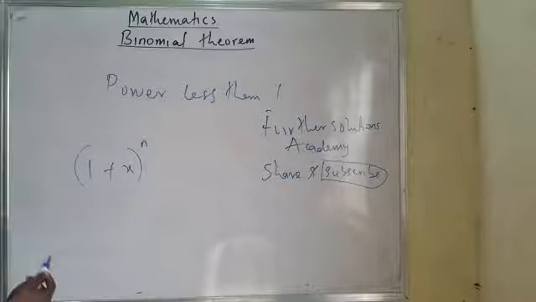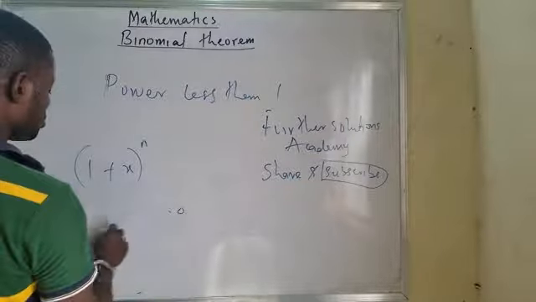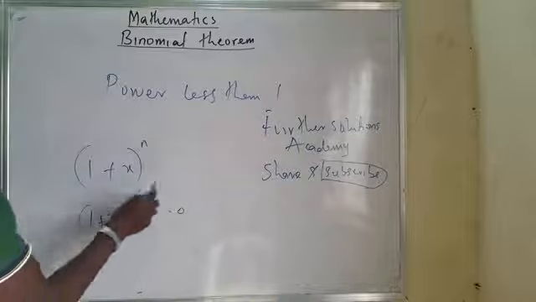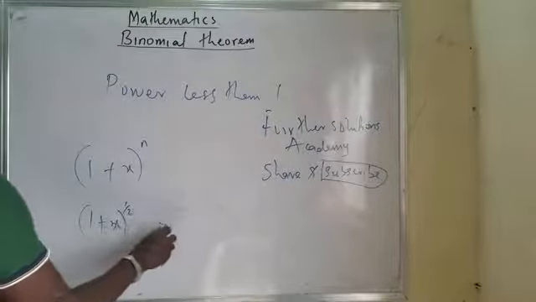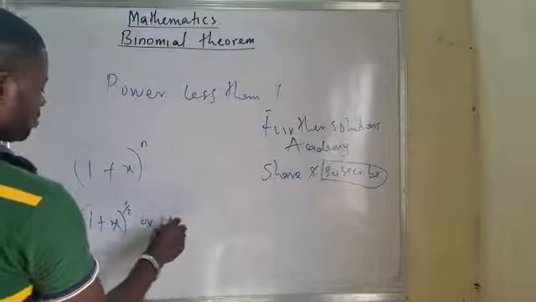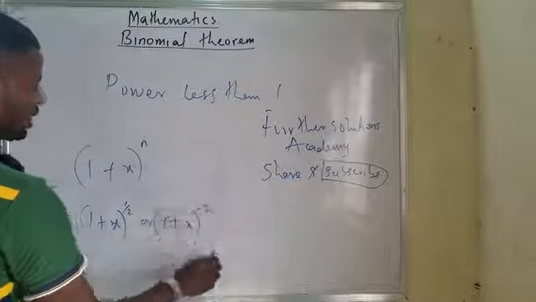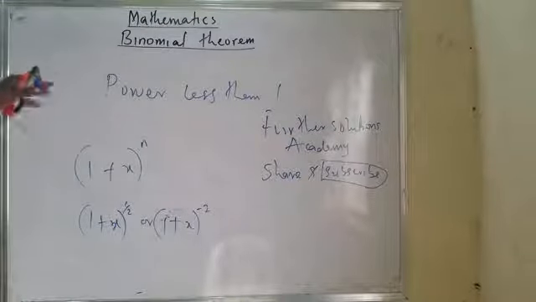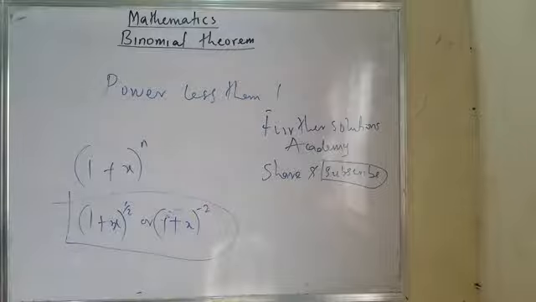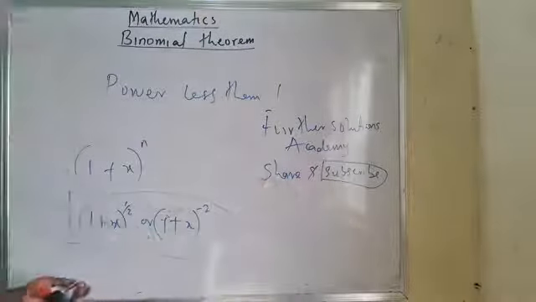If my n is less than 1, it can be minus or 0 point something. Let me quickly explain it in a very normal way. Anyhow it comes, they are all less than 1. If you have it in this form, that is power less than 1. Now, how will you handle that? That is what I want to work on in this video.